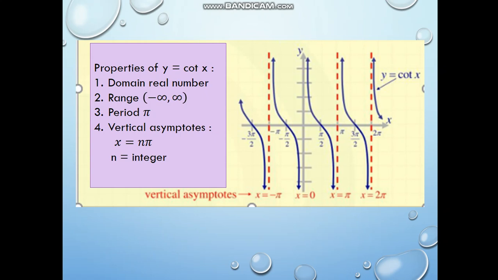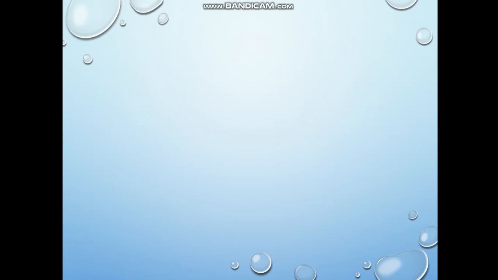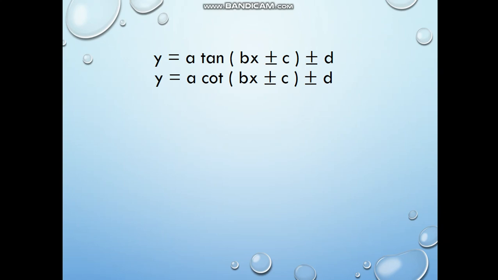Okay. After we saw a simple form of the tangent and cotangent function, now let's see a more detailed or more general form of the tangent and cotangent function. Okay, this one is quite similar to sine and cosine.